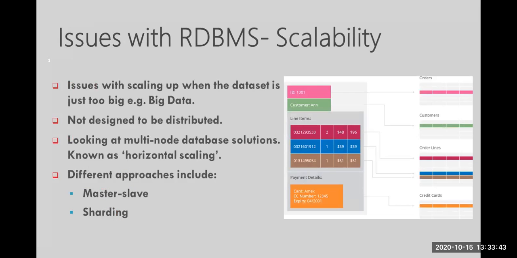Now, what is actually the issue with the RDBMS? The basic issue with the RDBMS is scalability. It has issues scaling up when the data set is just too big. Suppose we wish to store voluminous data, as we are discussing in this big data subject.